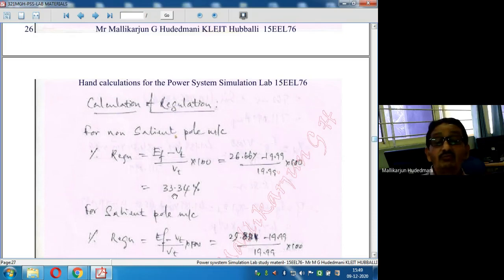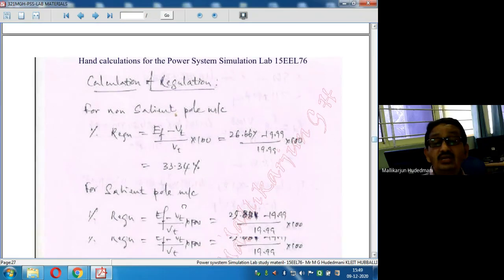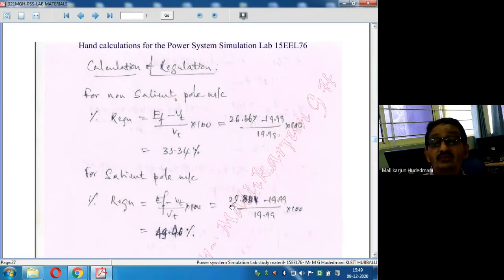For the salient pole machine, the one which we saw first, the excitation EMF was found to be 29.881 kV minus the terminal voltage per phase 20 kV, divided by 20 kV, kV taken out, it turns out to be 49.40. You will find better voltage regulation characteristics with respect to the smooth cylindrical rotor.